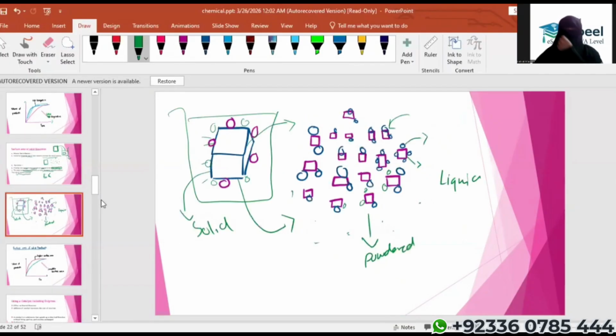As you can see, a huge block of solid will allow fewer reactant particles of the liquid to come into contact. But if you powder it, more liquid particles come into contact with the solid matter, hence increasing the rate of reaction. Increasing the surface area increases the rate of reaction.